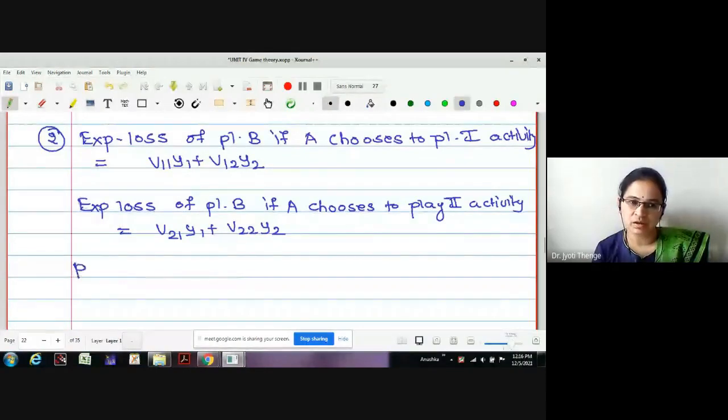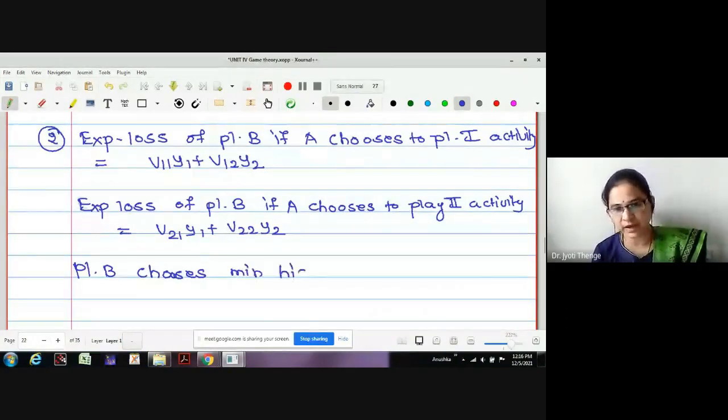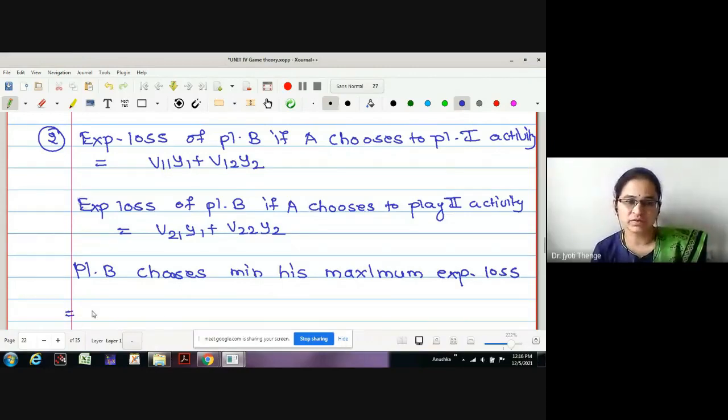Player B chooses to minimize the maximum expected loss. Okay, therefore what he will do, he will try to minimize the maximum of his expected losses.